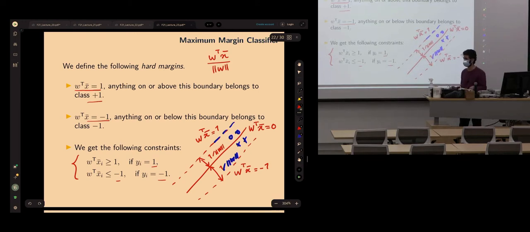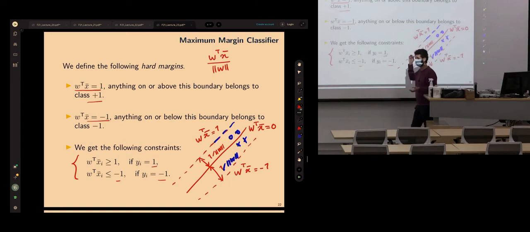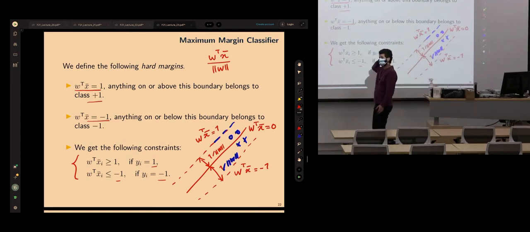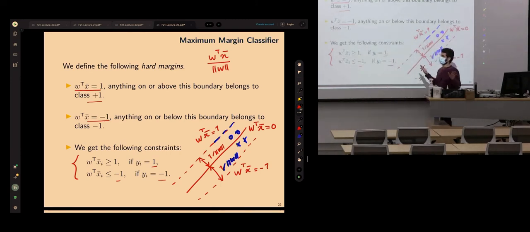I have to divide by the norm of W, otherwise it's going to scale the problem. So W is not normalized, it's something we search for. So this distance, although I pick 1, is variable because the choice of W can change it. So I leave it to the optimization to find the right choice.